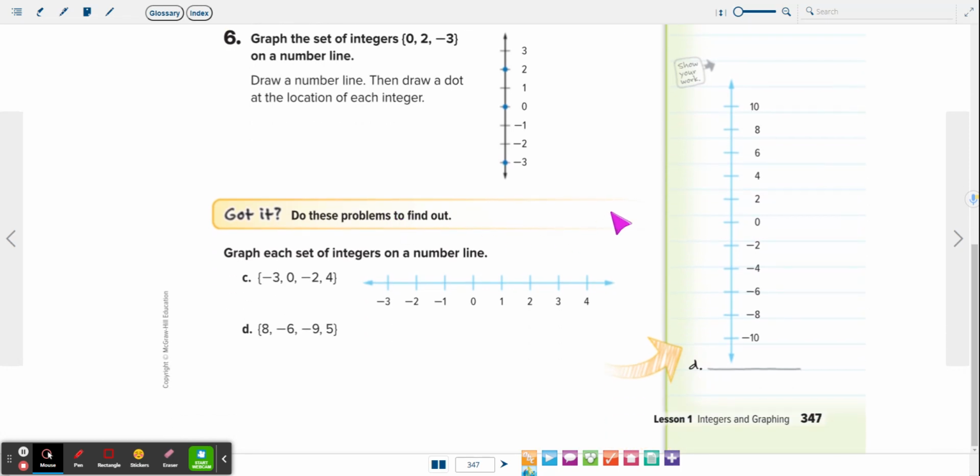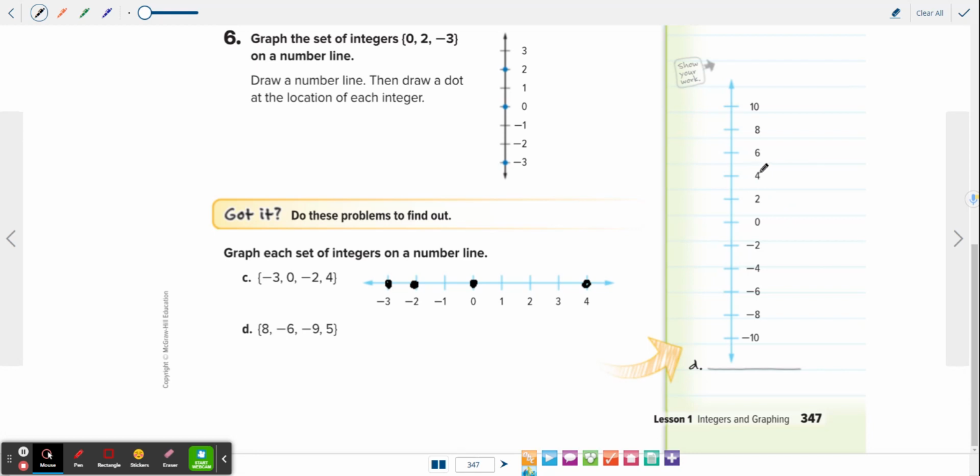For -3, we're going to put a dot on -3. For 0, put a dot there. -2 and 4.